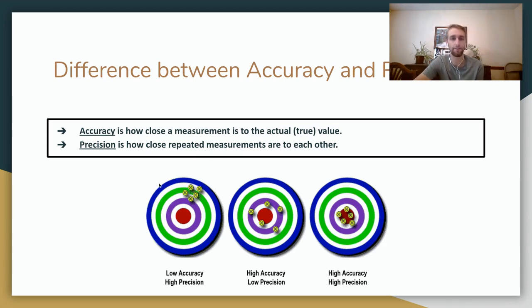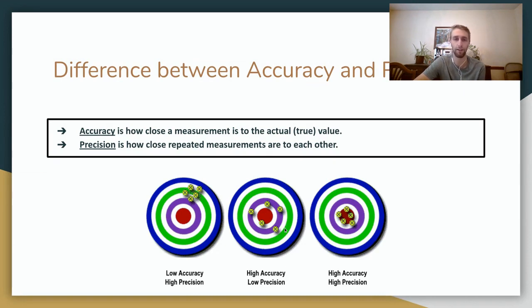So the dartboard on the left has high precision because those darts are clustered really closely together, but it has low accuracy because it's not close to the bullseye. The one in the middle has high accuracy but low precision because they're not clustered, so it's not very precise. You're not hitting the same spot every time.